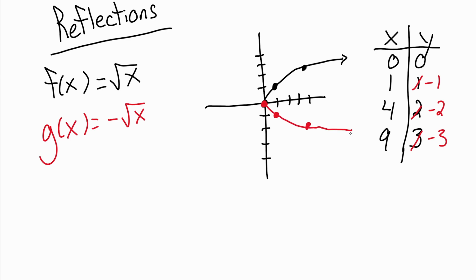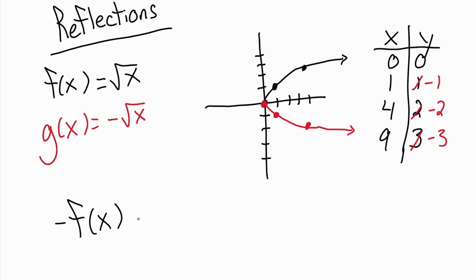So it's going to look something like this. So it's going to be a mirror image over the x-axis, okay? So because the outputs are along the vertical axis and we're negating the outputs, we're flipping them over the x-axis.